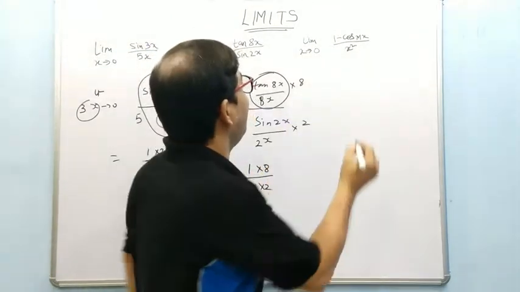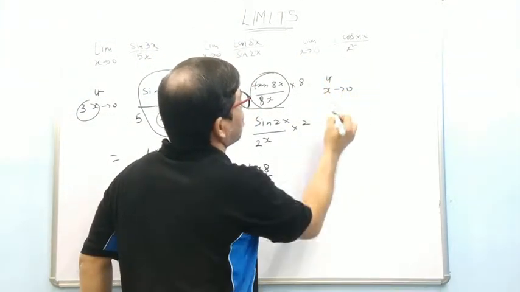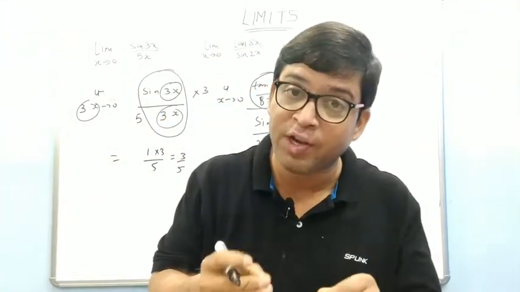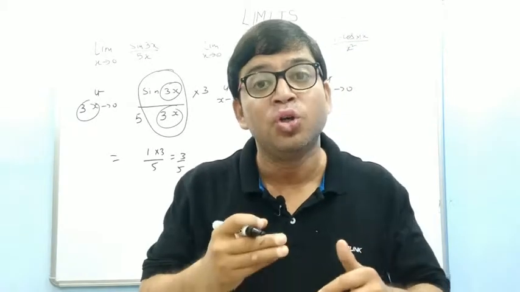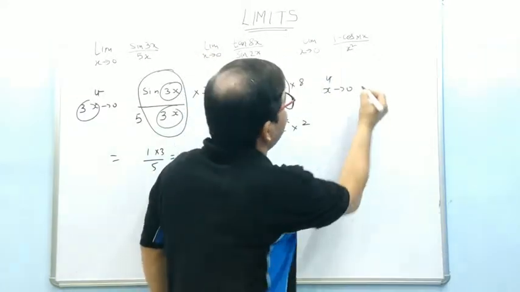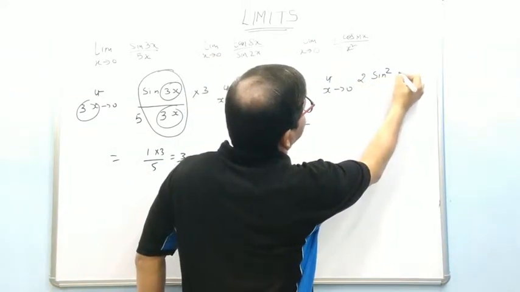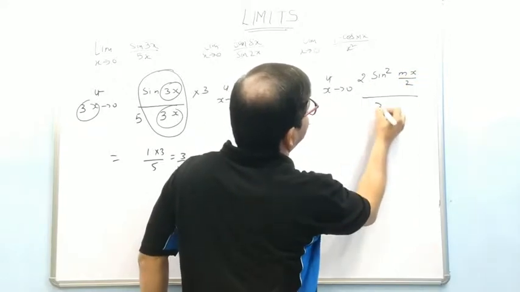Now see this problem. Limit x tends to 0, 1 minus cos mx by x square. A very important trigonometrical formula is 1 minus cos theta equals 2 sin square theta by 2. So that will be 2 sin square mx by 2, over x square.